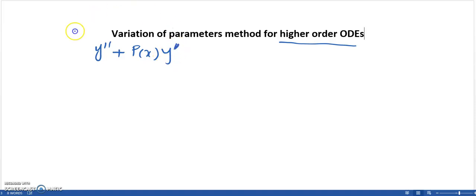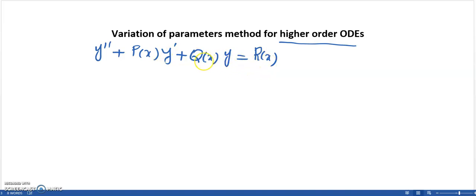So this is y double prime plus p of x y prime plus q of x y, and that is equal to a function r of x.